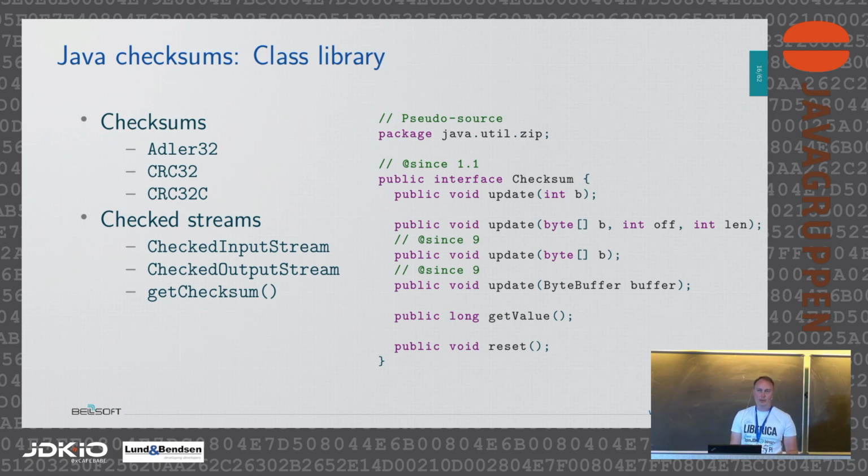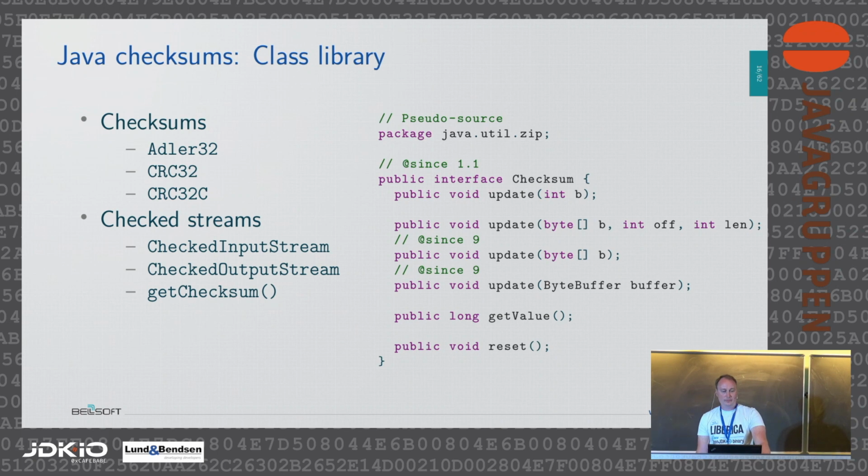Each has a corresponding class in the java.util.zip package. And you can use any implementation of the Checksum interface for making a special filtering stream for input or output, which takes some original stream and allows you to know the checksum of that stream at any time.